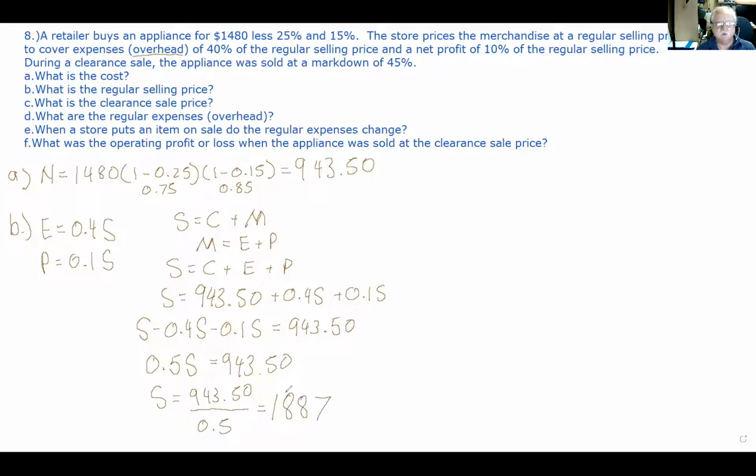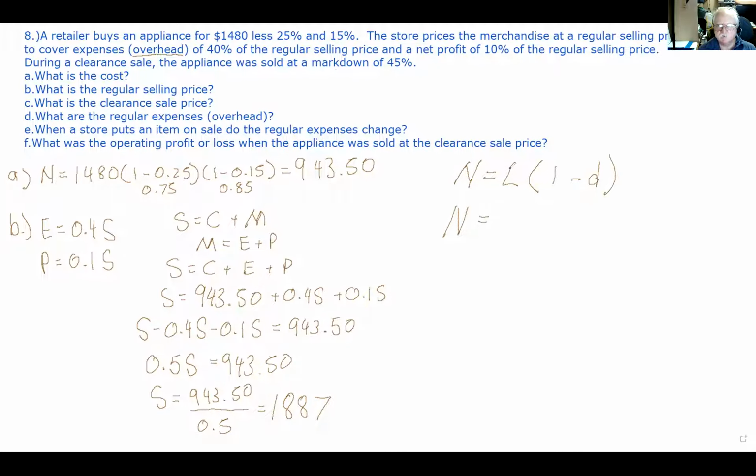So that's our answer to part B, the regular selling price. And then we have to continue reading the sentence because they say, during a clearance sale, the appliance was sold at a markdown of 45%. So now we're using this equation, N equals L times 1 minus D. We're looking for the net price, which is going to be the clearance sale price.